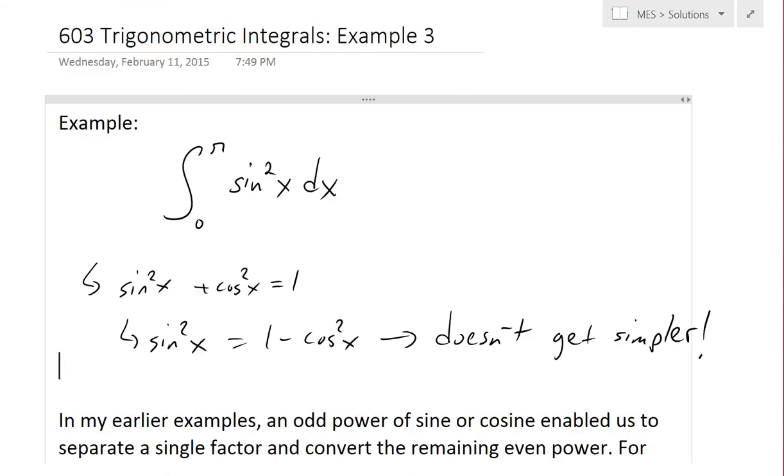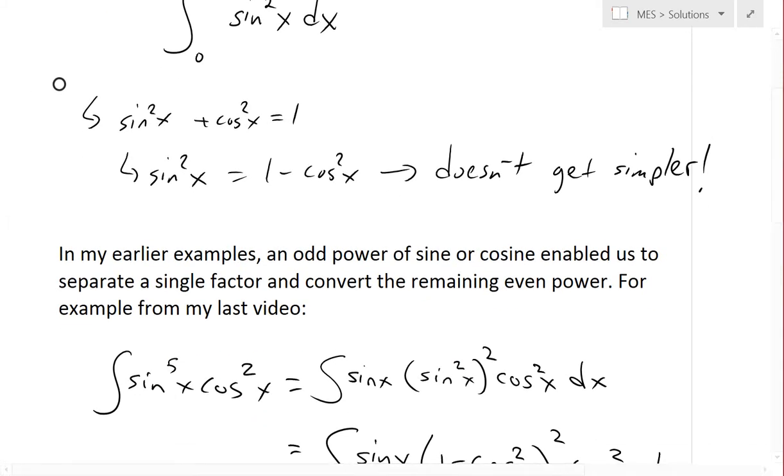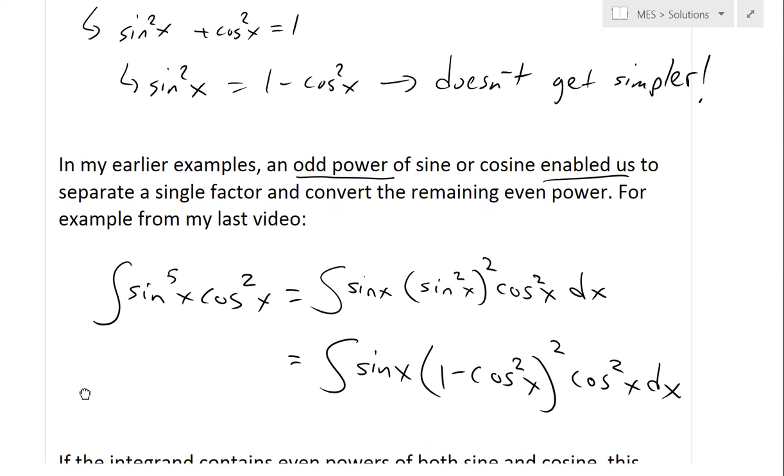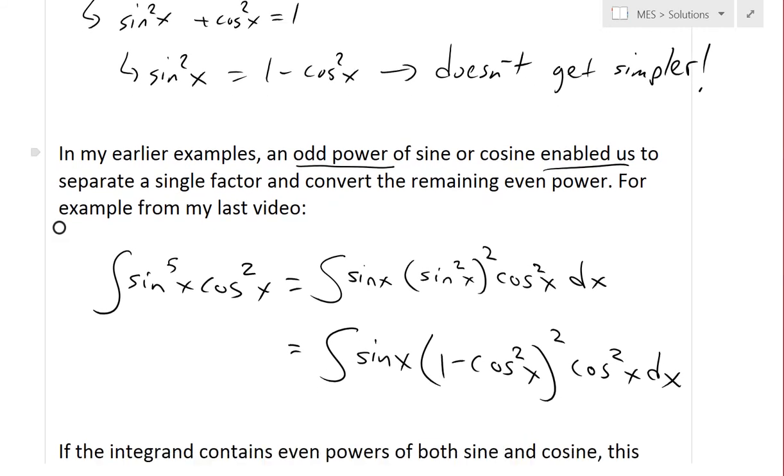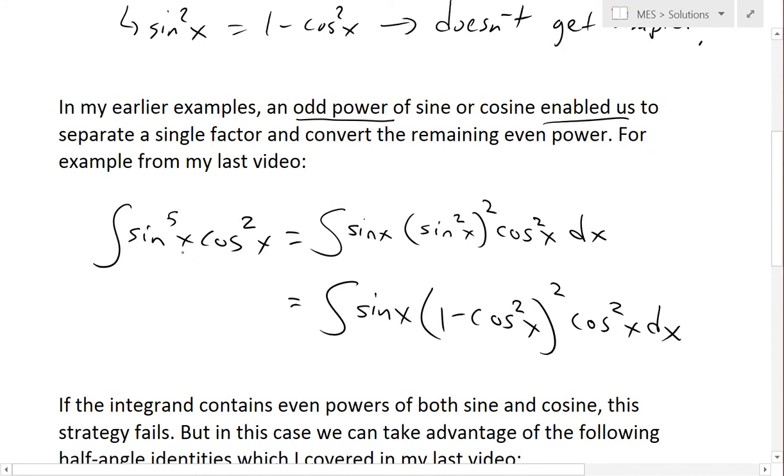From my earlier videos, in our early examples, we had an odd power of sine or cosine, and that enabled us to separate a single factor and convert the remaining even power. For example, from my last video, we had sine to the power 5 times cos squared of x dx.